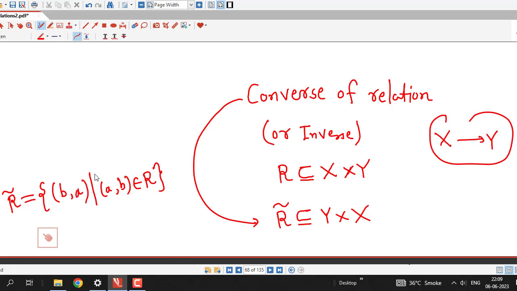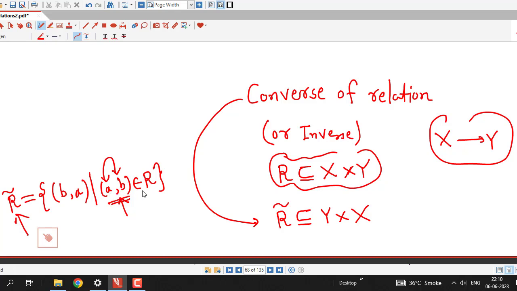So for the converse, if R is a relation from X to Y, then the converse of R is obtained by interchanging the order of elements in the ordered pair (A, B) which is present in R. Whatever ordered pairs are present in relation R, we have to interchange the order of those elements or components.